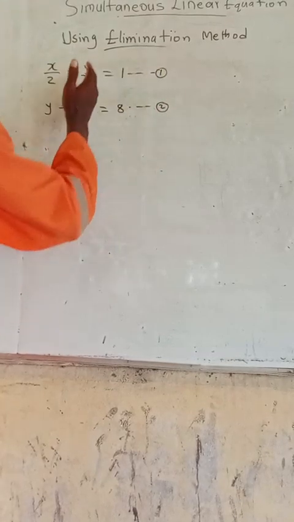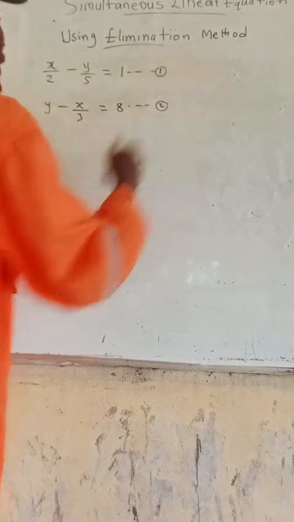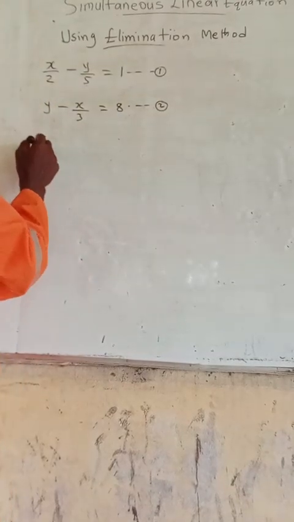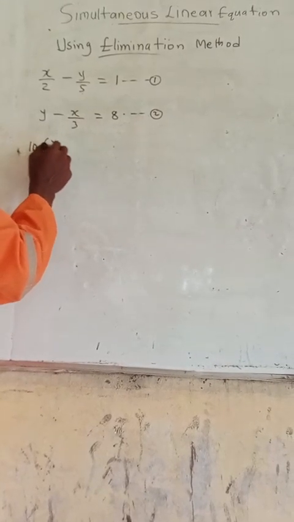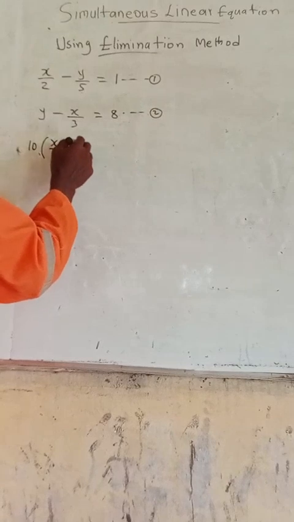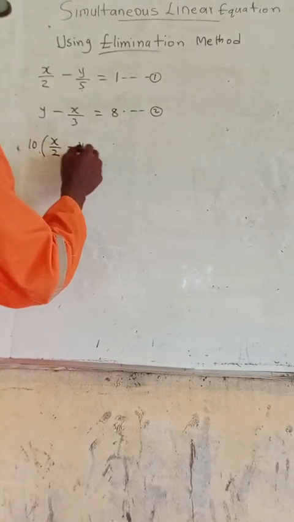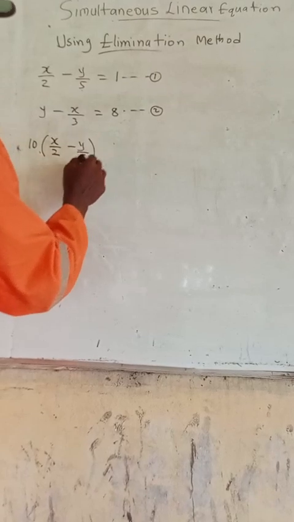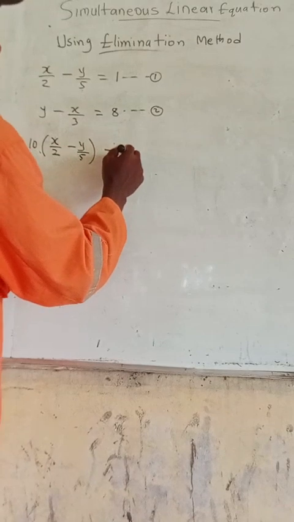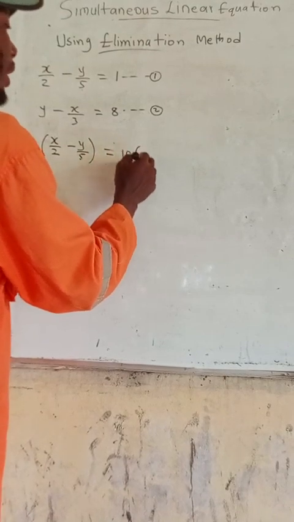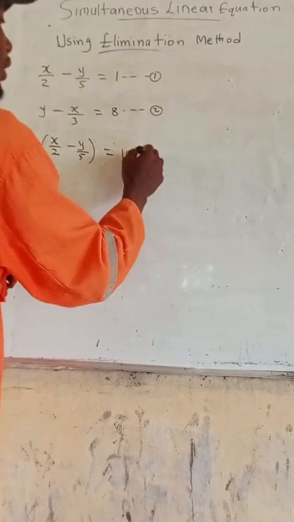So use the LCM to multiply this side and also this side. The LCM is 10. So we use 10 to multiply x over 2 minus y over 5, and this is equal to 10 multiplied by what is on this side of the equation, which is 1.